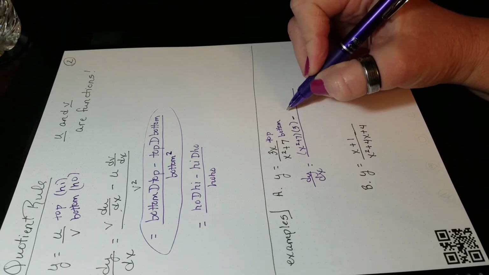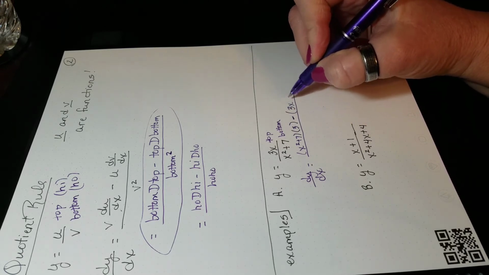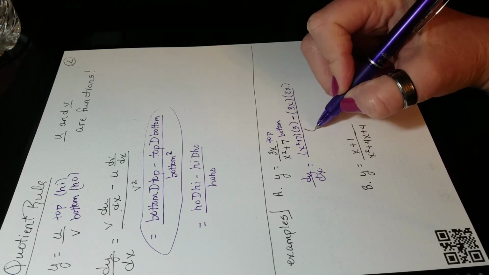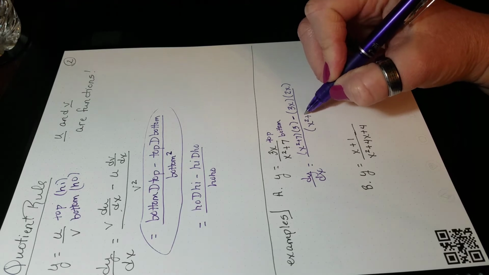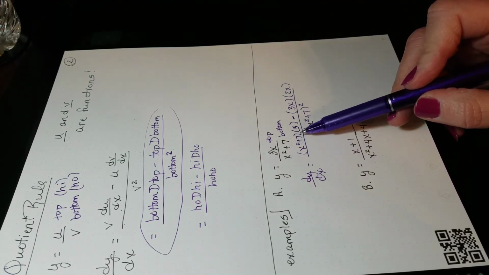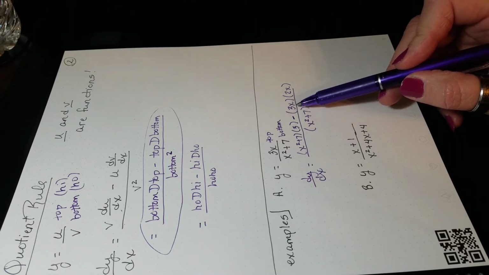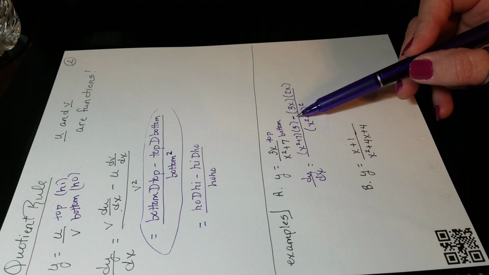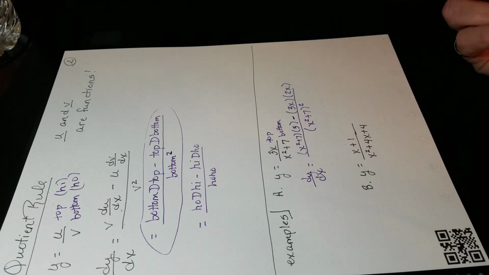Always a minus sign here. The top, 3x, times the derivative of the bottom, 2x. All over the bottom, quantity squared. Okay? Bottom times the derivative of the top minus the top times the derivative of the bottom, all over the bottom squared. Ho d high minus high d ho, all over ho ho.